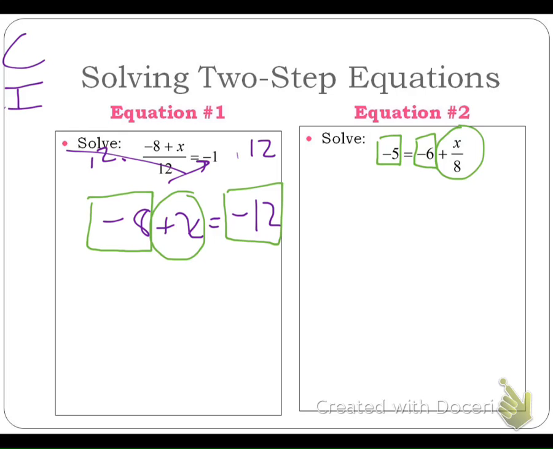The next step in solving any equation is to combine my like terms. I'm going to put another C there. So I look in equation 1, do I have any constants that I need to combine? Yeah, the negative 8 and the negative 12. Before I can combine them, which am I going to combine? Am I going to combine the 12 with the 8 or the 8 with the 12?